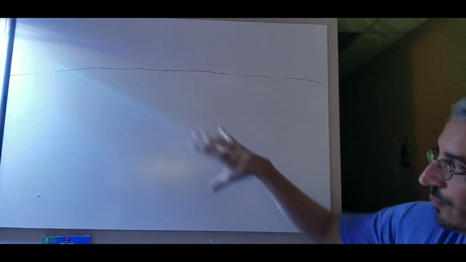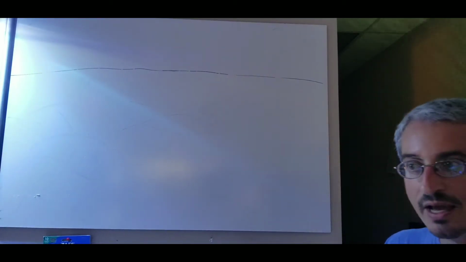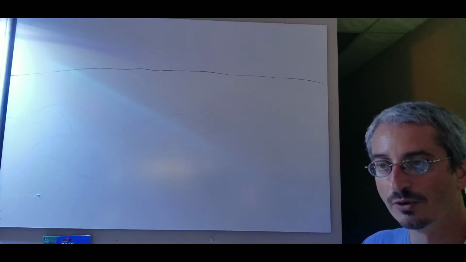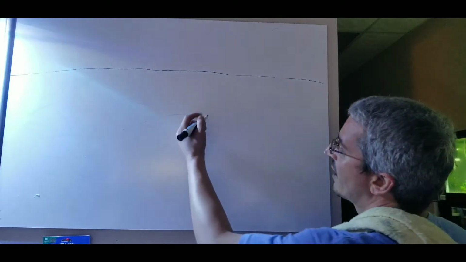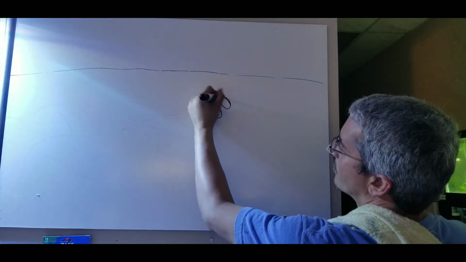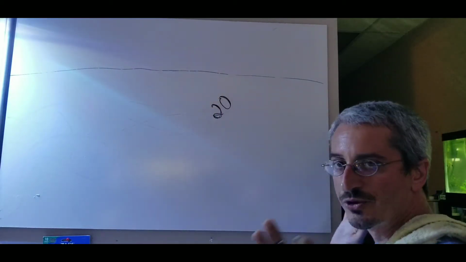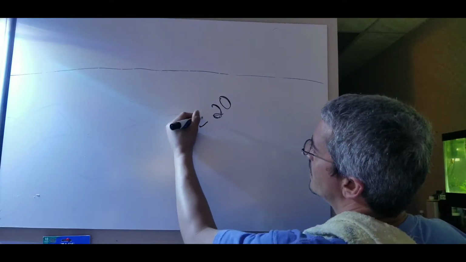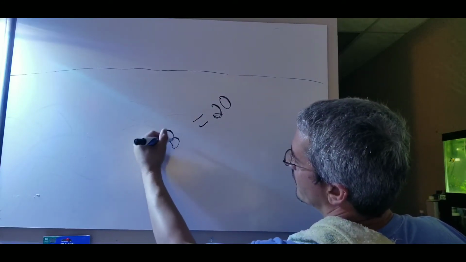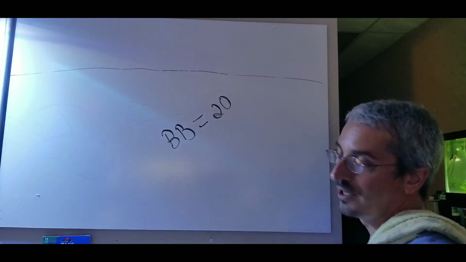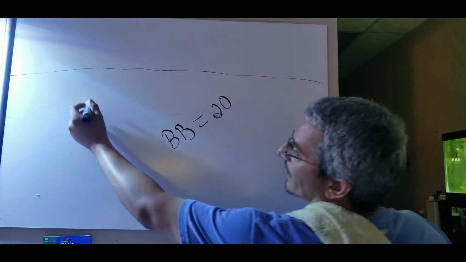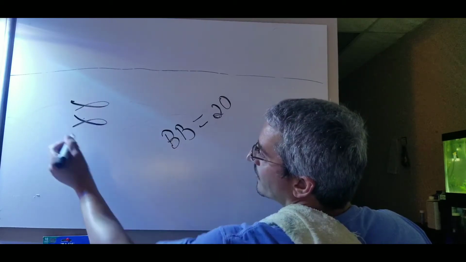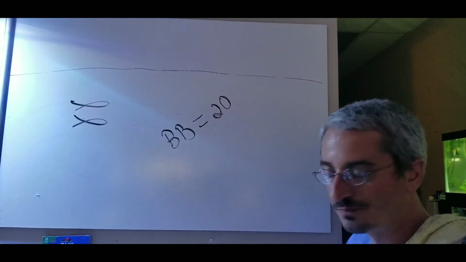Let's say that this whiteboard is your fish tank, and you had it running for a while. So let's assign your bacterial colony a value. Let's give it a value of, let's say, 20. Now, of course, these numbers are just arbitrary. They don't really mean anything. But let's just say your beneficial bacteria equals 20. Well, let's say that you put a fish in there, or two, and you're feeding every day.